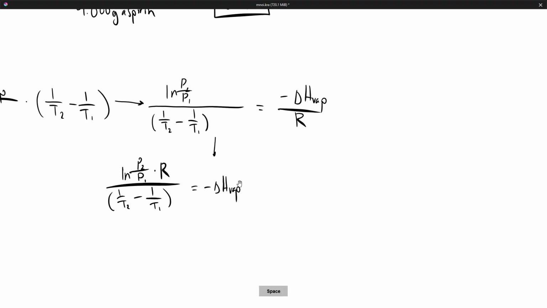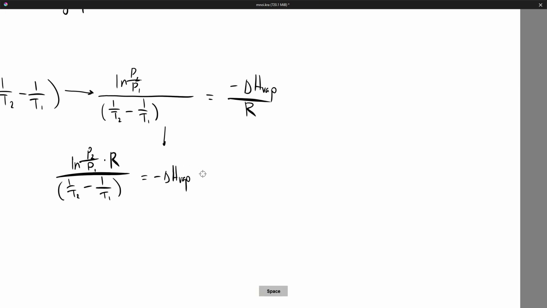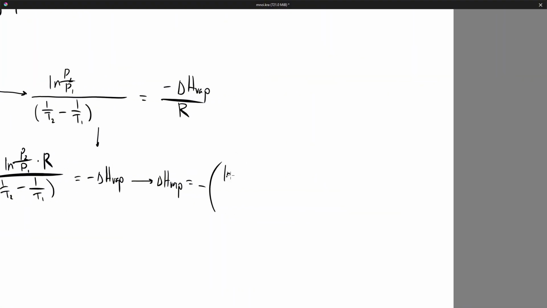And to get rid of this negative, just divide both sides by -1. So heat of vaporization equals negative all of that right there. So negative ln P2 over P1 times R divided by the inverse change in temperature.